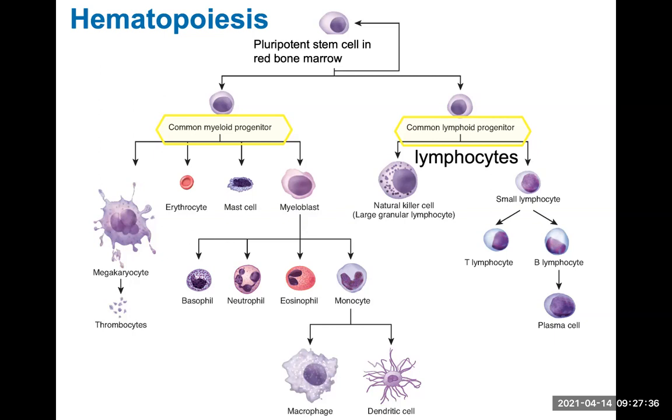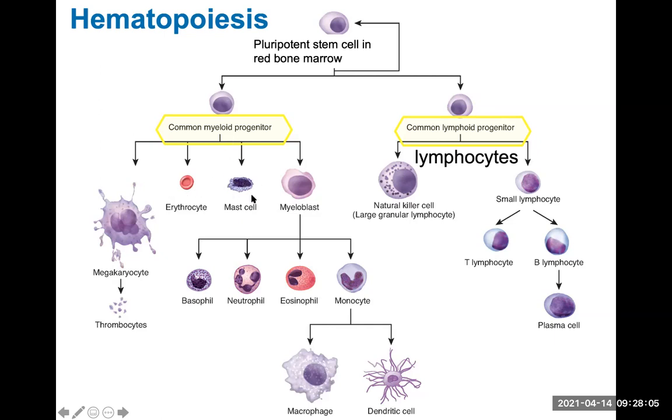So the very first differentiation step from your pluripotent stem cells in your red bone marrow, you're going to get two types of cells, a myeloid progenitor and a common lymphoid progenitor. And the myeloid makes your cells that lead to your platelets. It makes your red blood cells.